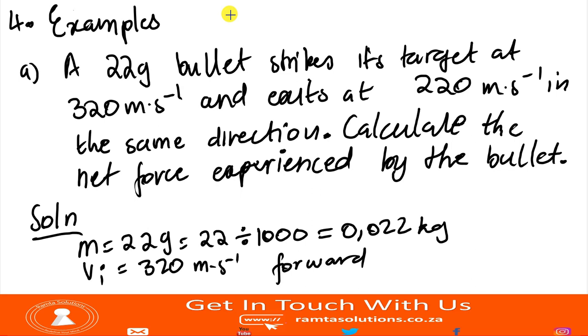Okay, calculate the net force experienced. Let me add this, guys. I'm sorry. I'm going to state the time here. If this thing takes 0.00015 seconds, okay? I'm sorry about that.